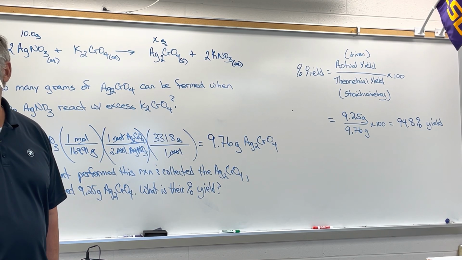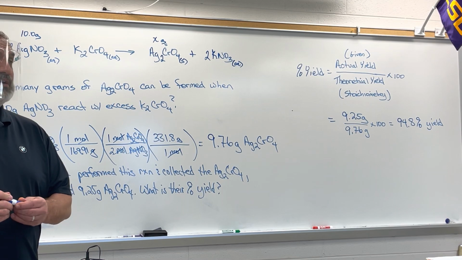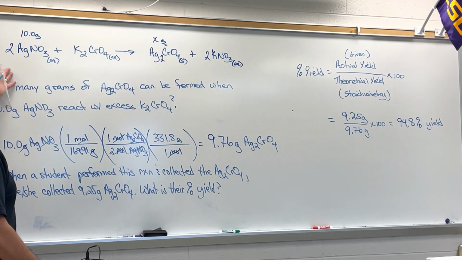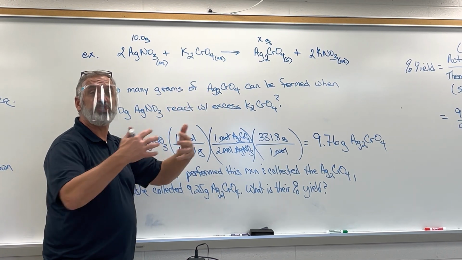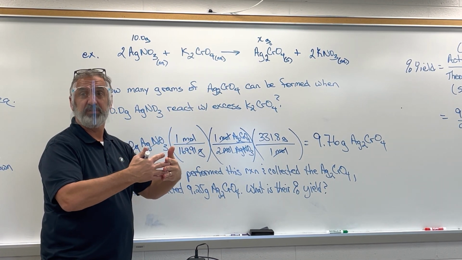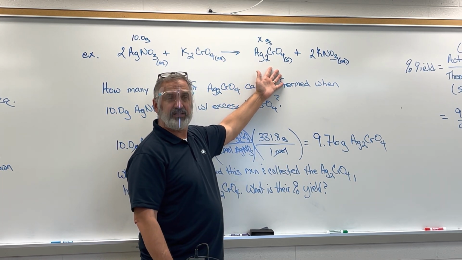In industry, what a chemical engineer is going to do in a process is, in stoichiometry, figure out how much raw material do I need to bring in? What's the ratio in which I need to combine those? And then what's my expected yield? What should I get?